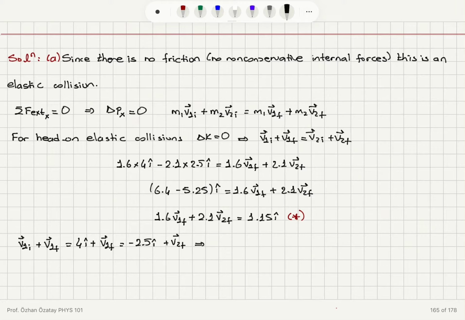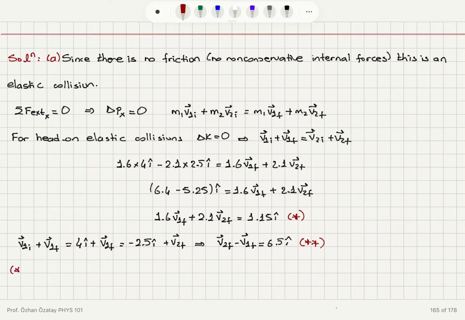So we obtain the following result: v2 final minus v1 final is equal to 6.5 i hat. So let's give 2 stars to this equation.